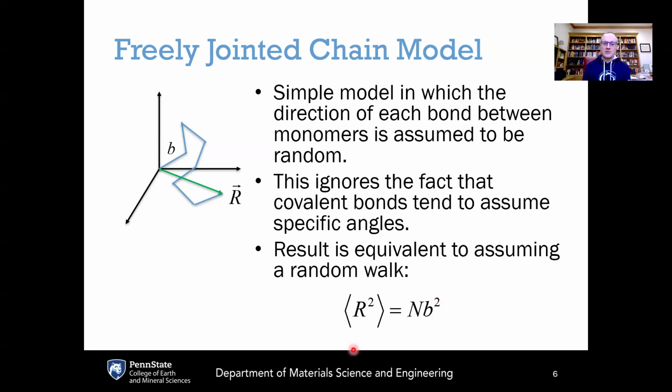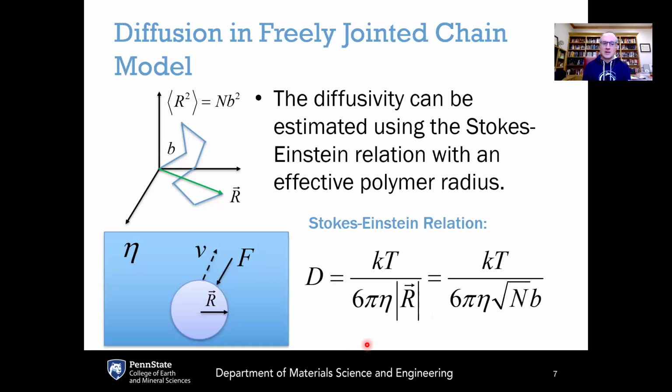And so this then, if we take the square root of this, is an effective radius that can be used in the Stokes-Einstein relation.